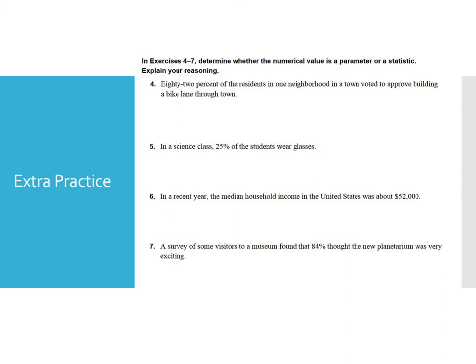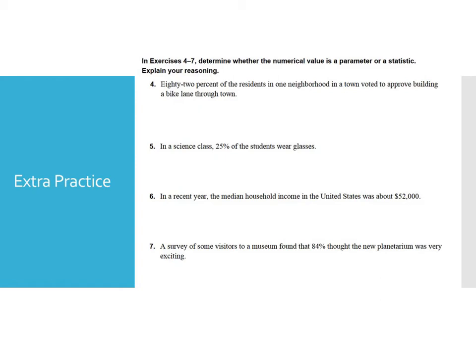So continuing on with our extra practice, we want to determine whether the numerical value is a parameter, does it go to the large population, or is it a statistic, does it go to a sample? Number 4 says 82% of the residents in one neighborhood in a town voted to approve building a bike lane through town. So does that 82% represent the whole population, or does it represent a sample of that population?